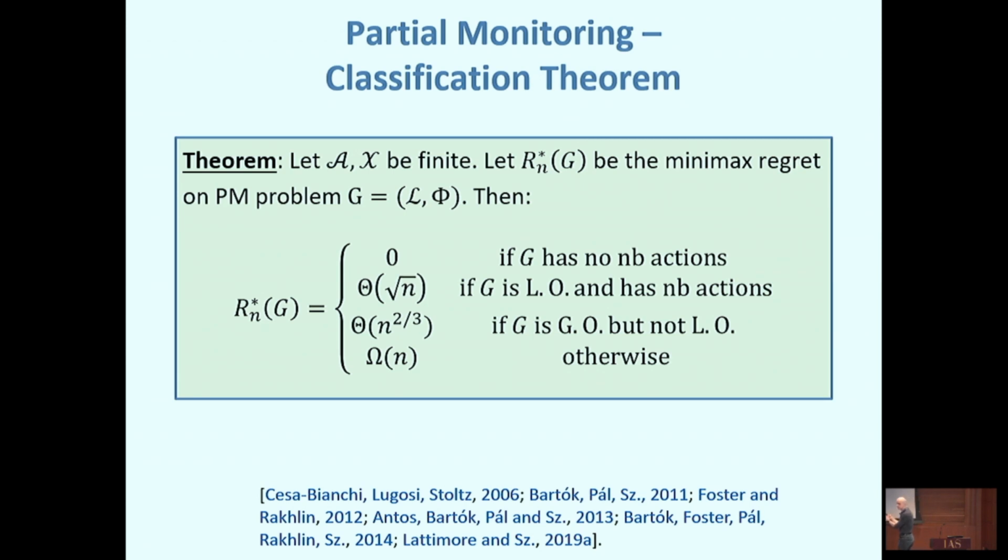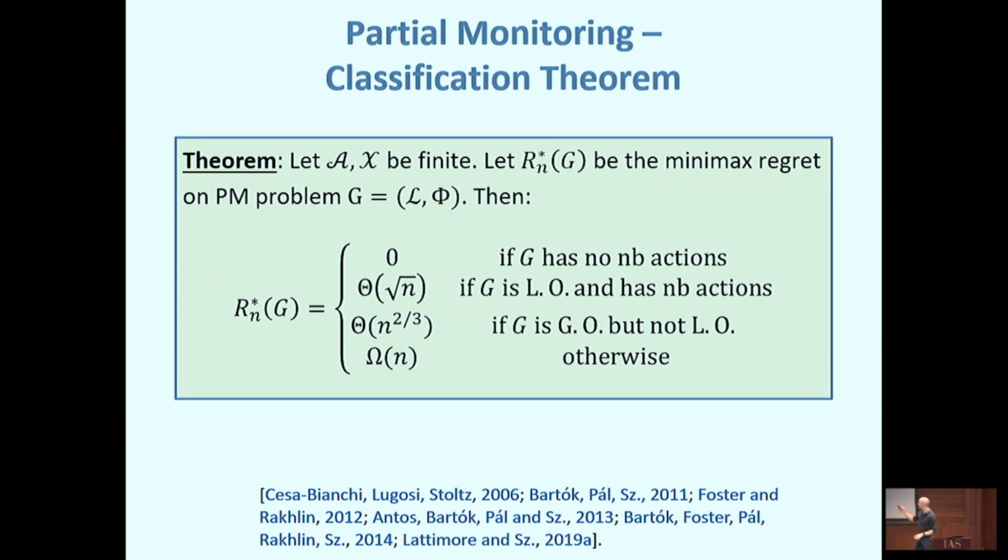So for games of this type, the main result is what is known as the classification result, which was the outcome of many, many years of research. And many people contributed to this. This classification result says that if you take a finite partial monitoring game, finite meaning finitely many outcomes, finitely many actions, nothing else, then there are 4 possibilities in terms of the scaling of the minimax regret for that game.